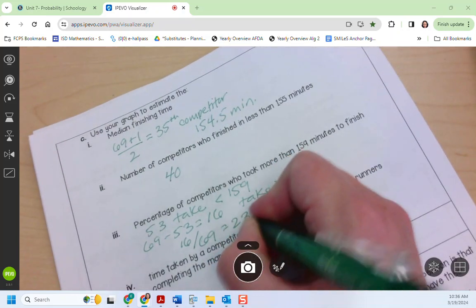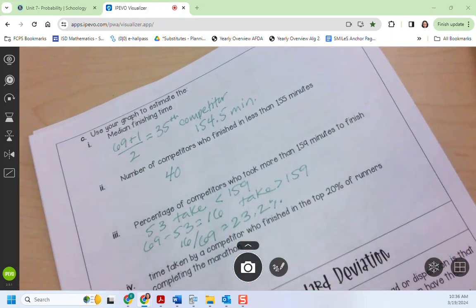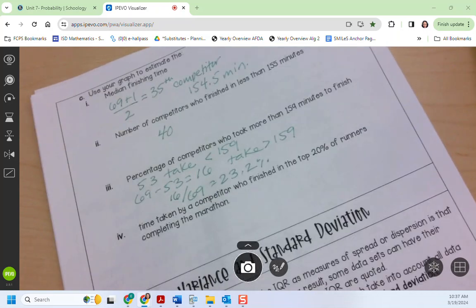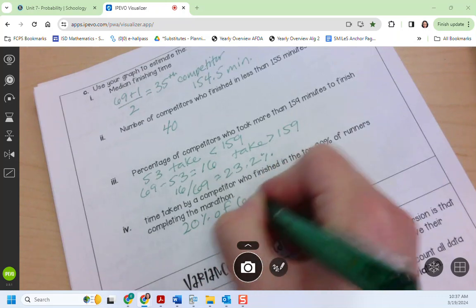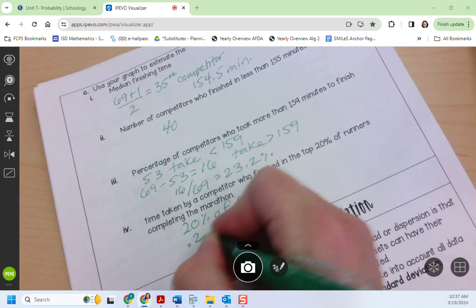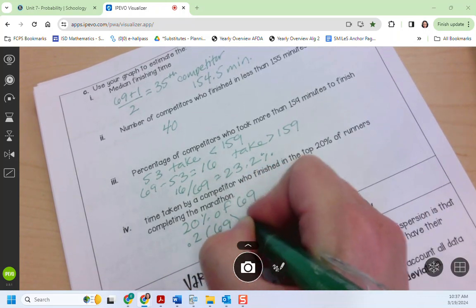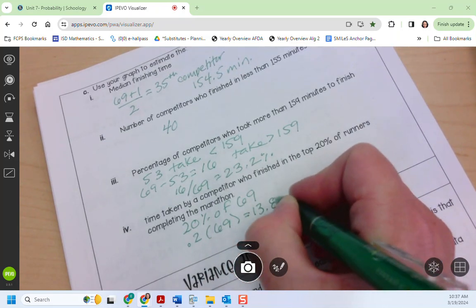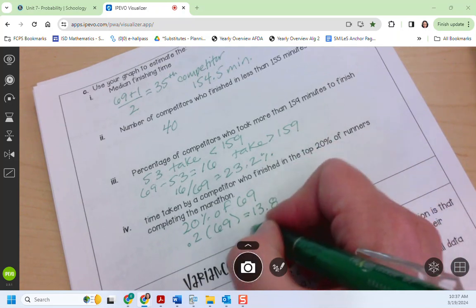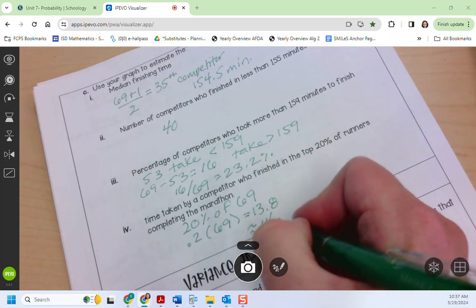And the time taken by a competitor who finishes in the top 20% of the runners. So 20% of 69. You just multiply 0.2 times 69. And I get 13.8, which I'm going to round to 14 competitors, because those are people. There's no part people. So I'm looking for the top 14, right?